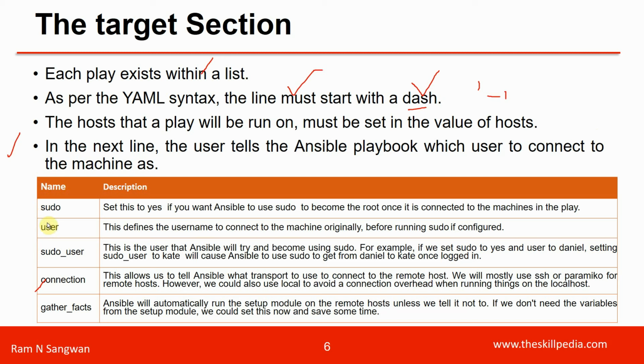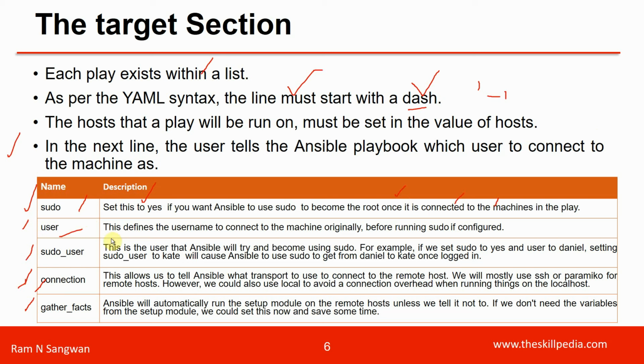And the possible options are like you can use sudo, user, connection, gather facts. So sudo: if you set this value to yes, that would mean that you want Ansible to use sudo to become the root, once it is connected to the machine in the play.